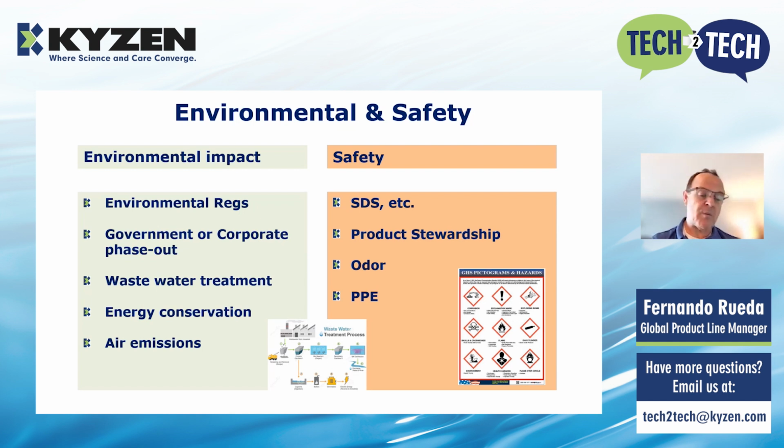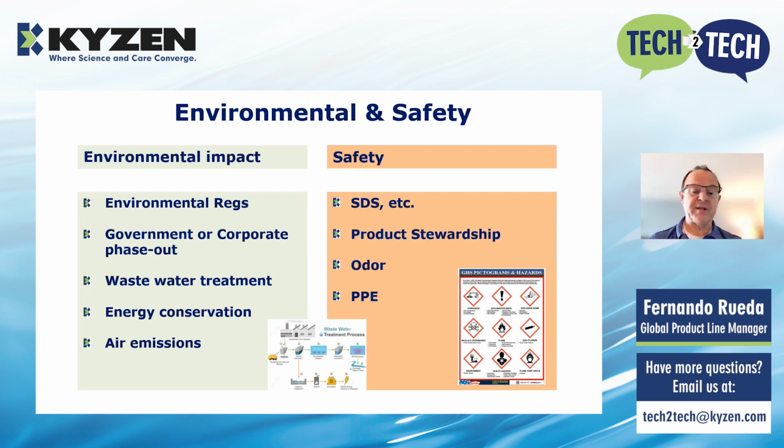You may have to treat your water before it's released outside the factory, and your local authorities may have different parameters. The chemistry that you are using can also affect the wastewater treatment, or any residues that you may have in that chemistry could affect your wastewater treatment.